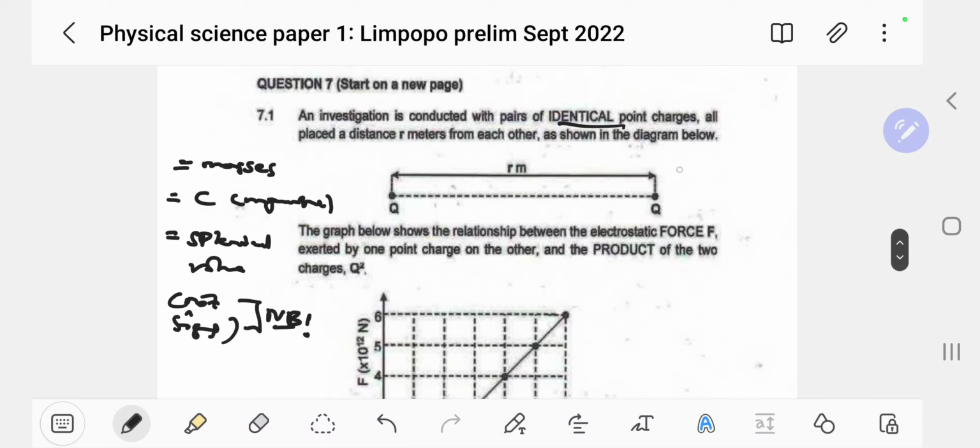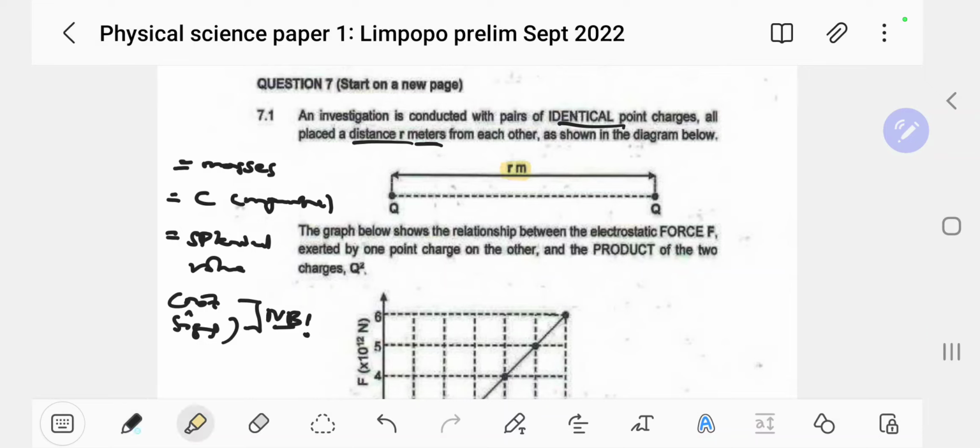Okay, now an investigation is conducted with pairs of identical point charges, all placed distance r meters from each other. So all of them, they have this distance as shown in the diagram. So there it is. So we have our distance r meters there.